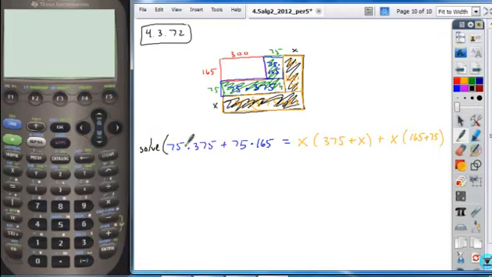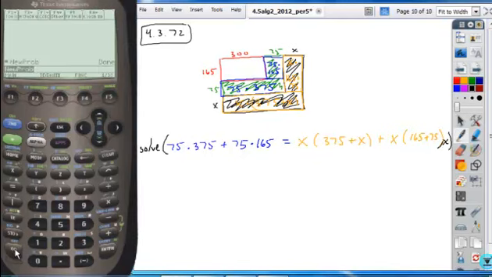If we solve this equation, we should be able to find x. We can use the solve feature on our calculator. So if we enter that in, F2 algebra tab, solve, and then just calculate what we have: 75 times 375, add that to 75 times 165.